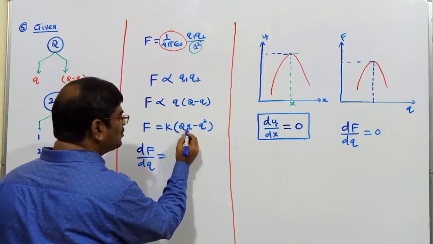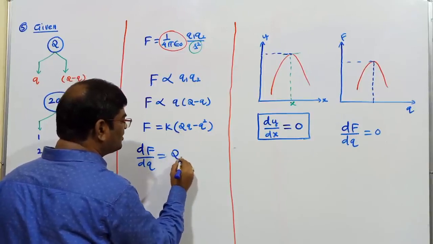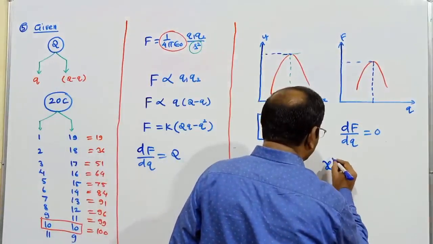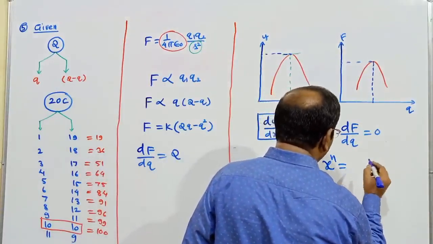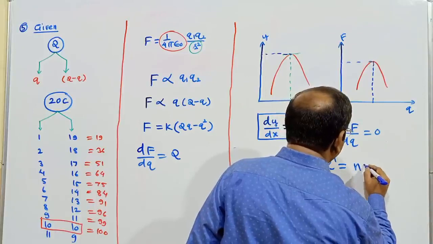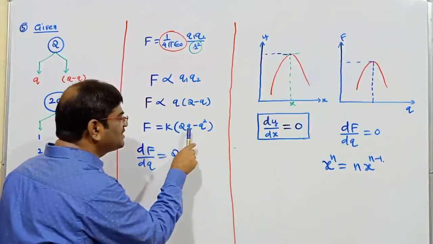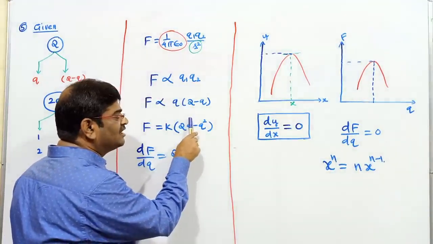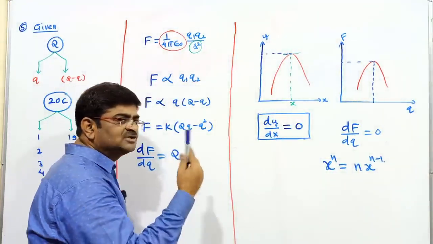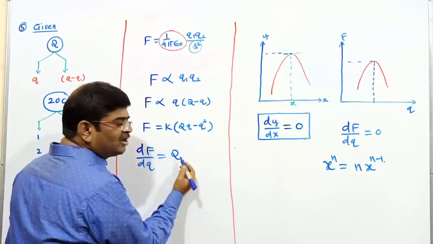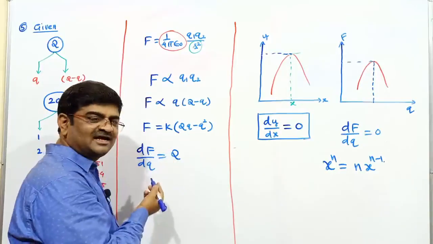For the derivative, a simple formula for your information: x to the power n, power comes down and decrease the power by 1. That's what I am doing. This is my variable, q to the power 1. Power down, decrease power by 1. 1 minus 1 is power 0 for small q, so q to the power 0 is 1. I am not writing that.